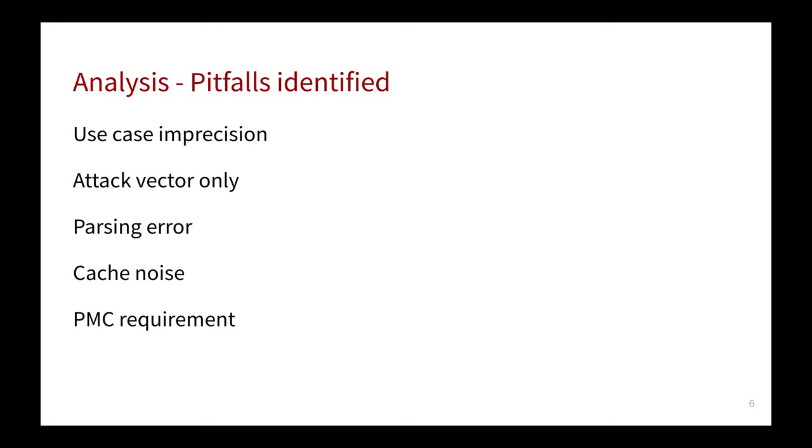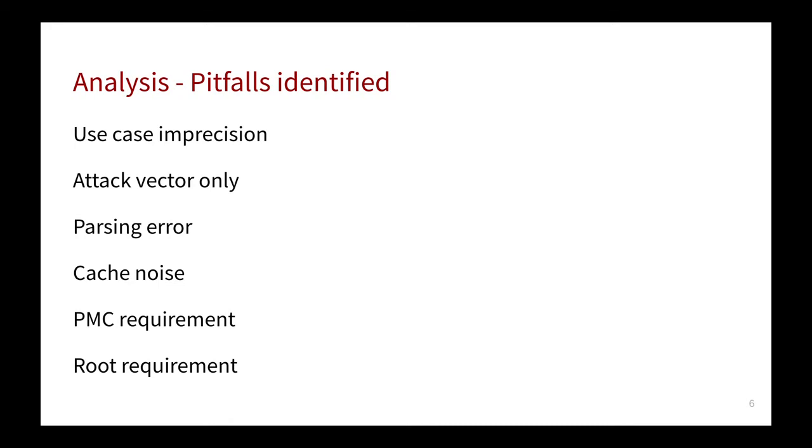Speculator instead has the limitation that it relies on the performance counter interface, and this interface is not available everywhere. For instance, in a virtualized environment, it's generally not available, and so we cannot use Speculator and its methodology there. And finally, some of these tools, Speculator and Spectre Meltdown Checker, require root privileges to function correctly, which means that only the administrator of the system can actually use them.